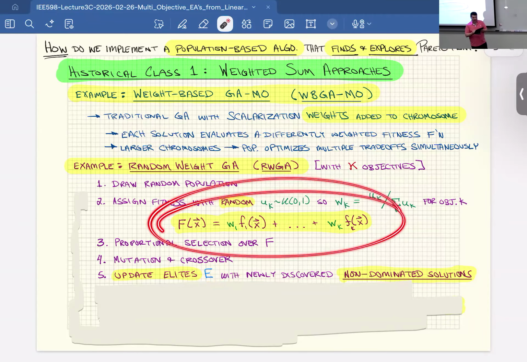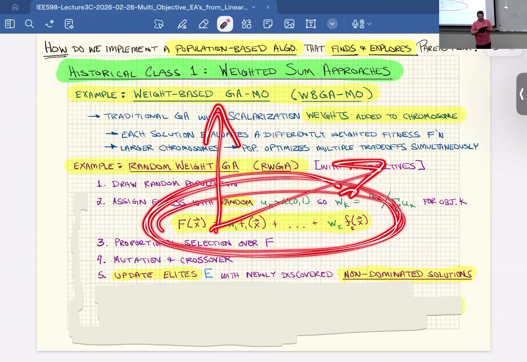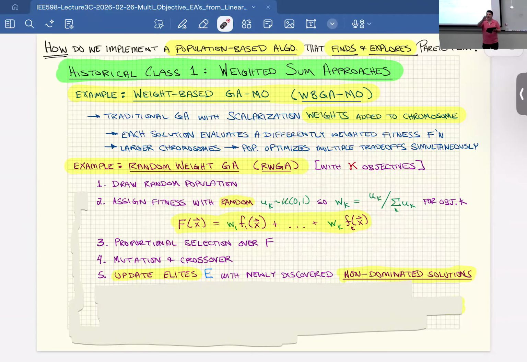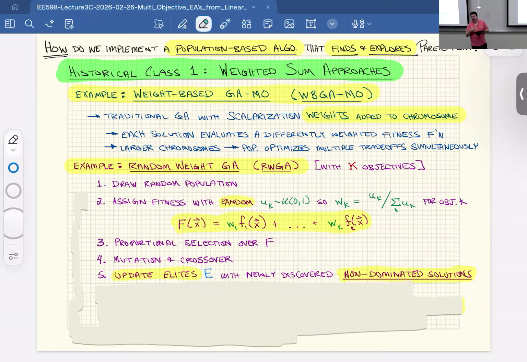So this is how we're adjusting our search directions to move sometimes towards one part of the frontier, sometimes towards another part of the frontier. And as we're moving around back and forth, we're updating our elites based on non-dominance, not just based on high fitness, because fitness is constantly changing, but non-dominance doesn't change.